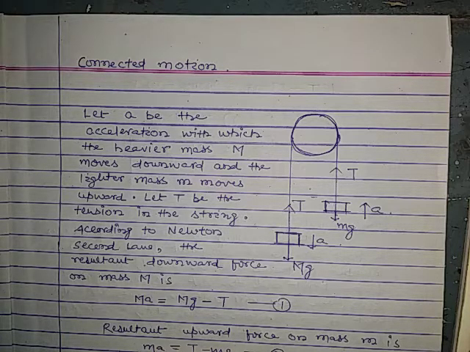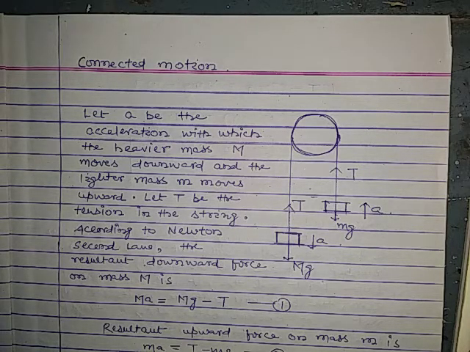The two masses, one heavier and one lighter, are connected by this string, which is wound over the frictionless pulley. Now a is the common acceleration and T is the common tension.